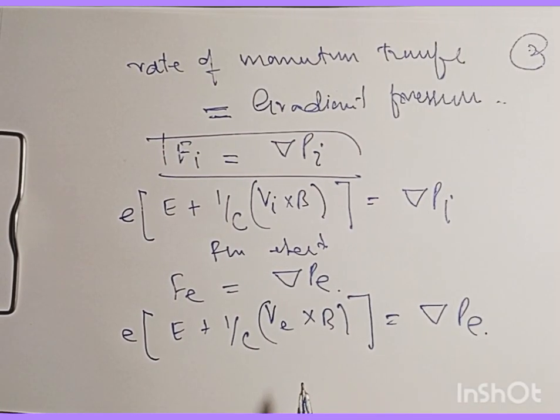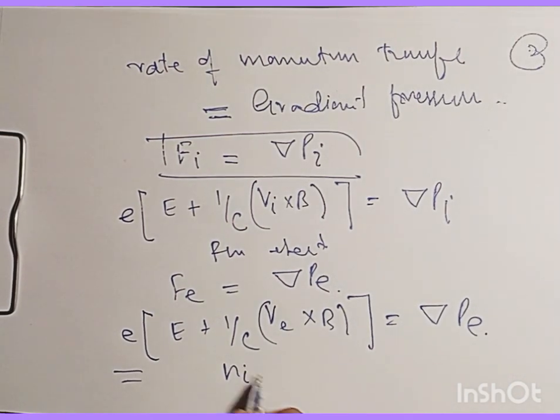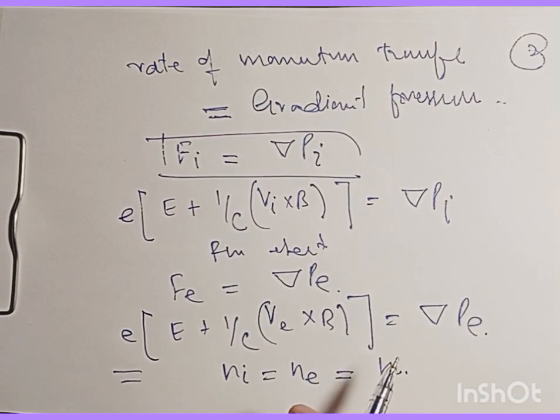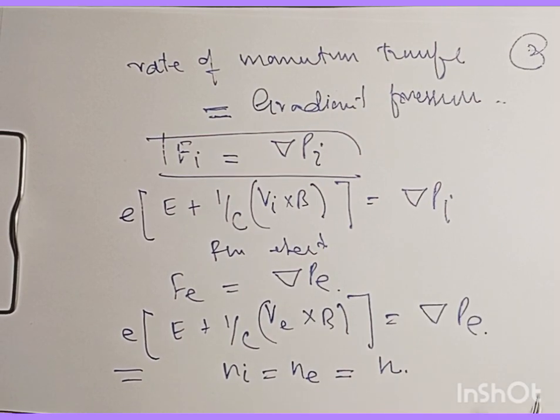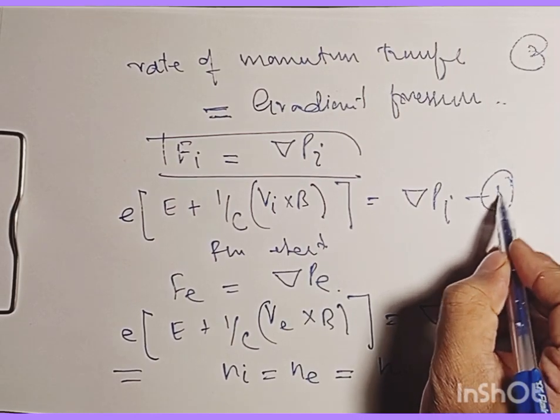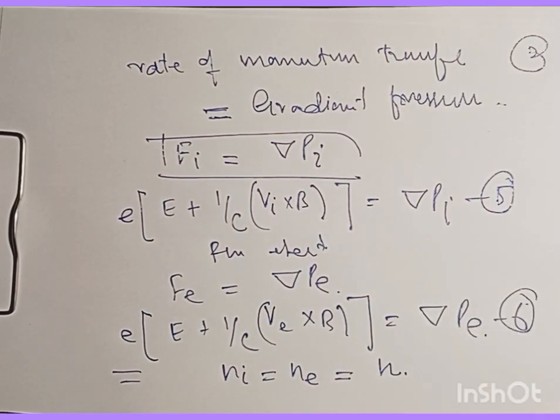Now, in a normal situation, the number of ions produced must be equal to the number of electrons, and we can put them equal to n. So what we are going to get if we add these two equations, equation 5 and equation 6, is this: let's add 5 and 6.